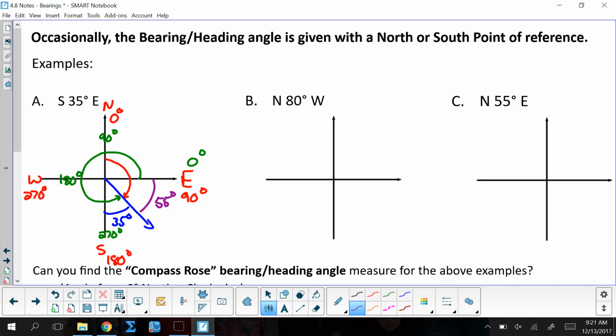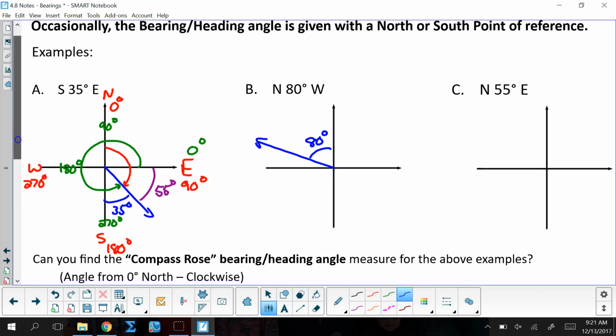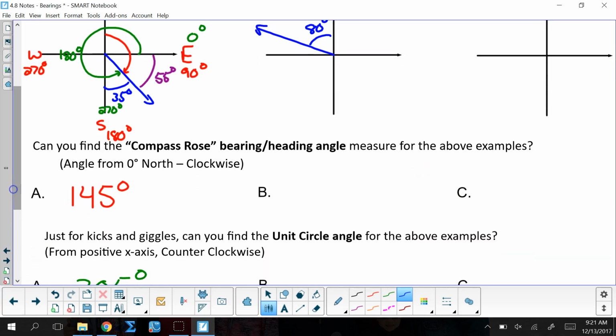All right, so north 80 degrees west. That means I'm over here, and this angle in here is 80 degrees. That tells me then that I am at a 280 degree bearing.